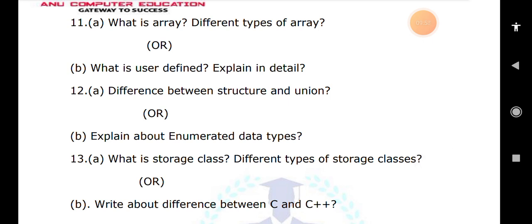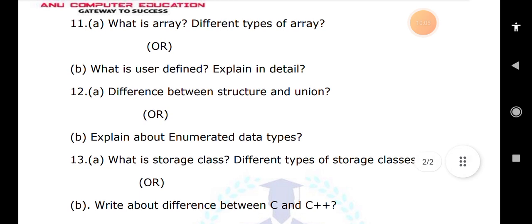C language programs do not have security and C++ programs have security. Next, in C language we don't have the concept of access specifiers. In C++ we have access specifiers, like public, private, protected. With the help of these we can provide security for the variables or functions.